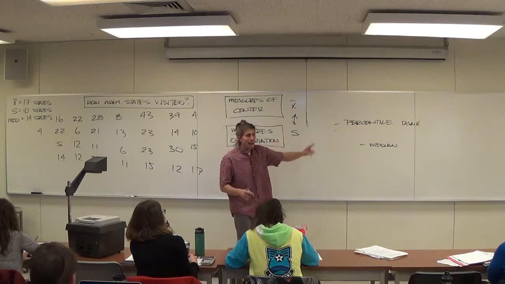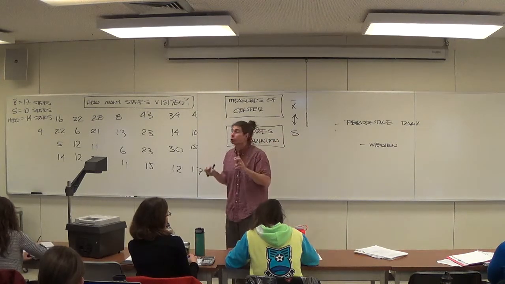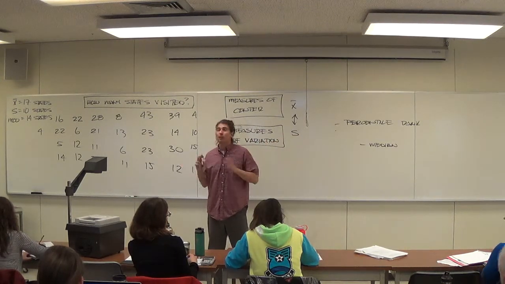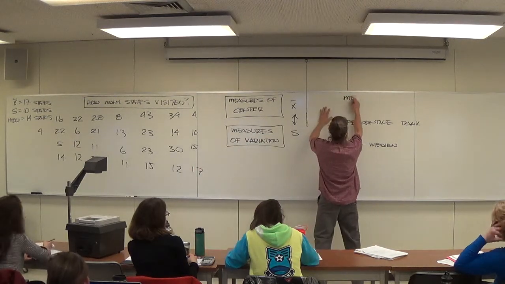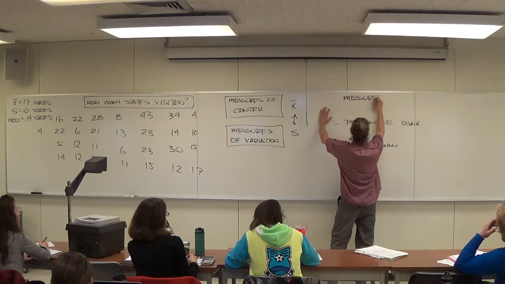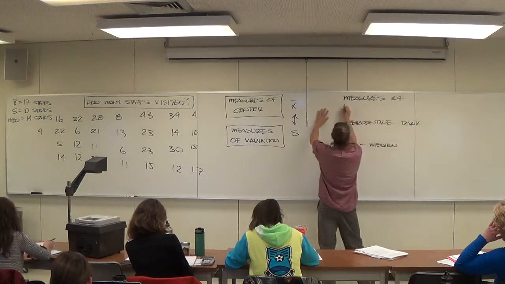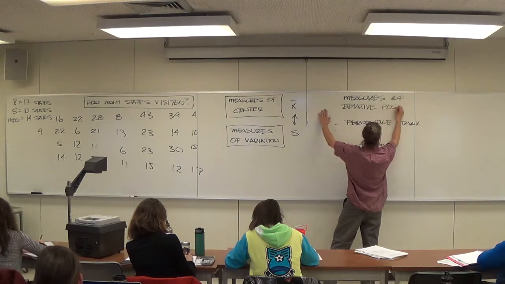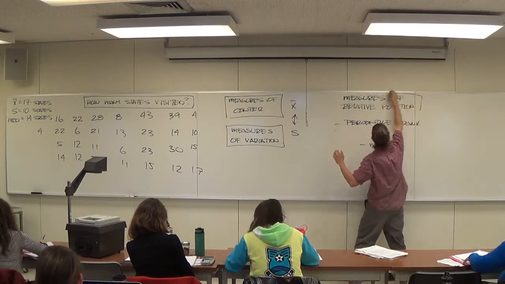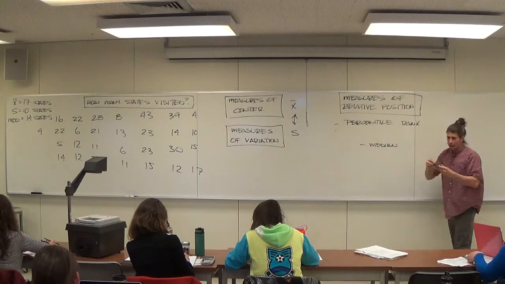This doesn't care about how many. It doesn't care about the absolute distances. It just cares about the relative distances. Is it above or below? So I like to call this measures of relative position. Relative position. This is what I like.